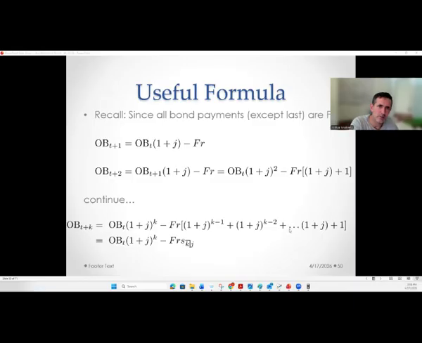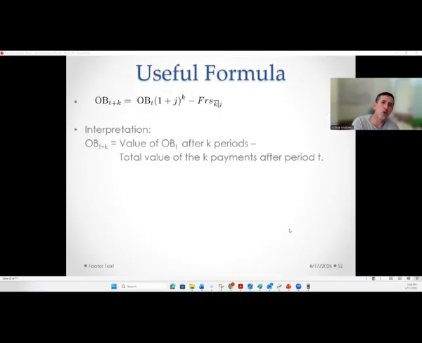The best way to think of this, in my opinion, is kind of what we had before: how much you owe k periods after time t is the value of how much you owe after time t, grown k periods, minus the value of your payments. So you start off at time t. Well, what does your outstanding balance grow by after k periods, minus how much the value of all your payments are? And that's exactly what each side of this is.